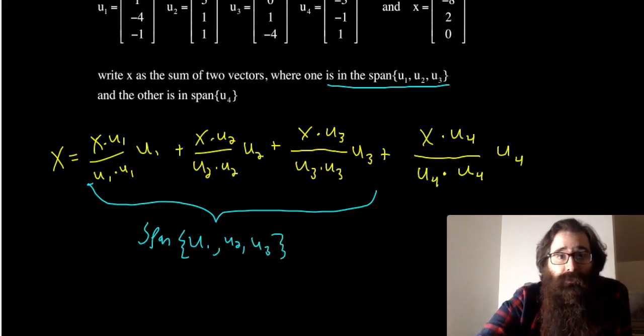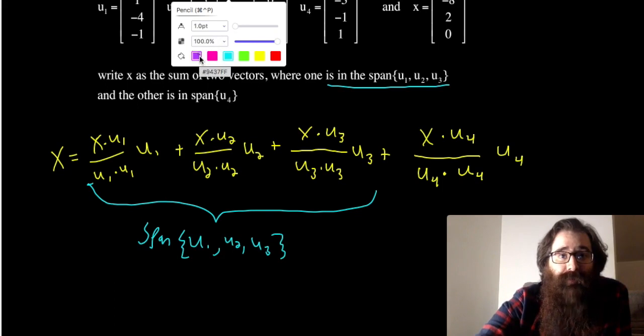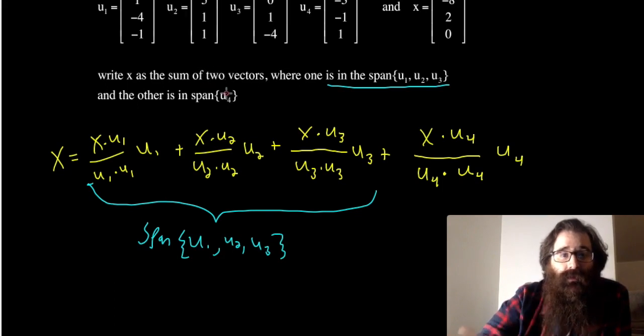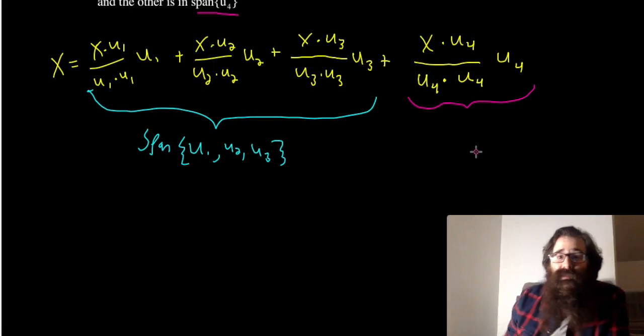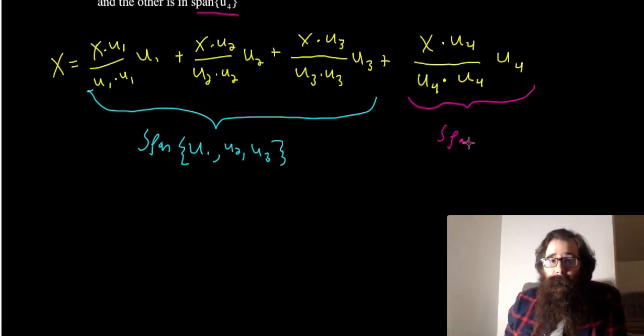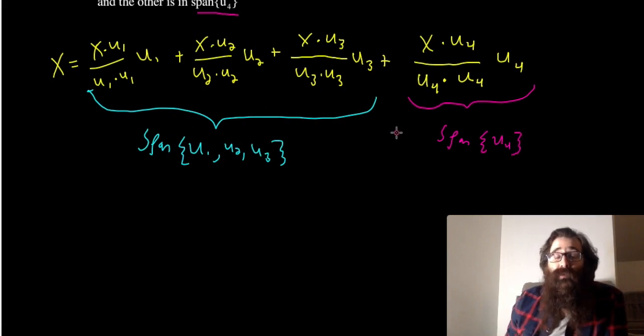Well, okay, what about the other part? The other part should be in the span of u sub 4. Well, that's this piece. This is just some coefficient times vector u sub 4. This is the piece that is in the span just of vector u sub 4. So I can partition it this way.